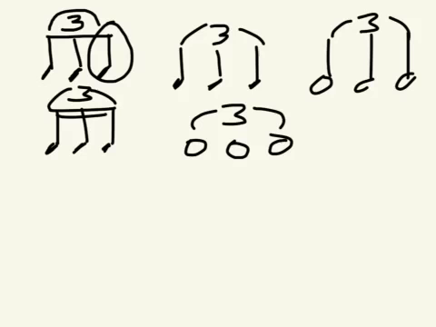So you're fitting 3 notes into 2 8th note beats. If you have a triplet of quarter notes, how many beats would that get? 2. It'd be the same as 2 quarter note beats. So you're fitting 3 beats into 2 quarter note beats.